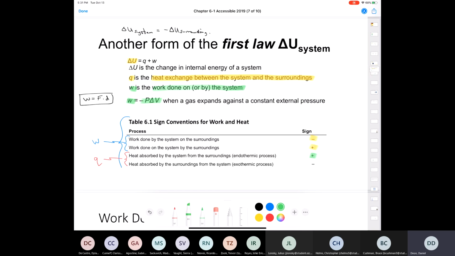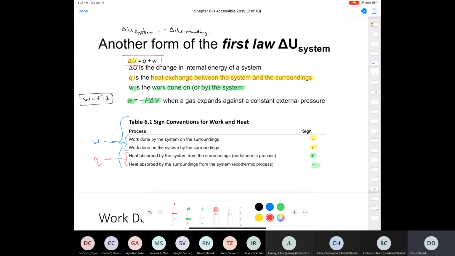And if heat is being absorbed by the surroundings from the system, so the system is releasing heat into the surroundings or the environment, that's an exothermic process. I think, well, it's negative, right? It's like your bank account. You're losing money. It's a negative sign, right? It's going down. So you have to be fully aware of those sign conventions for work and heat in order to be able to properly apply this formula right here.